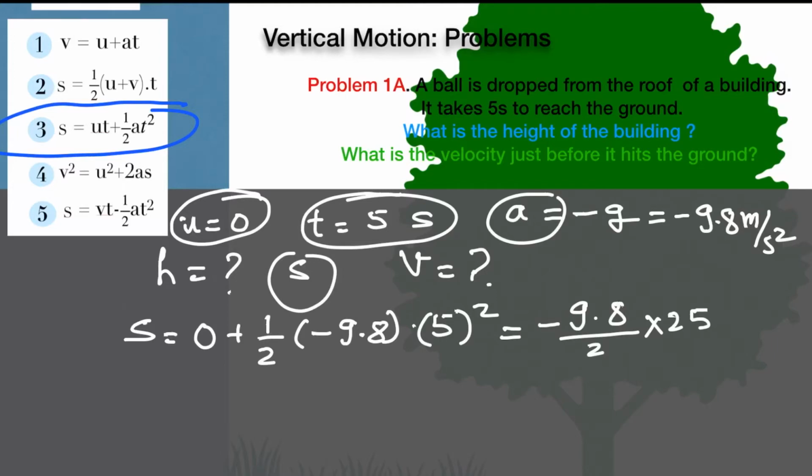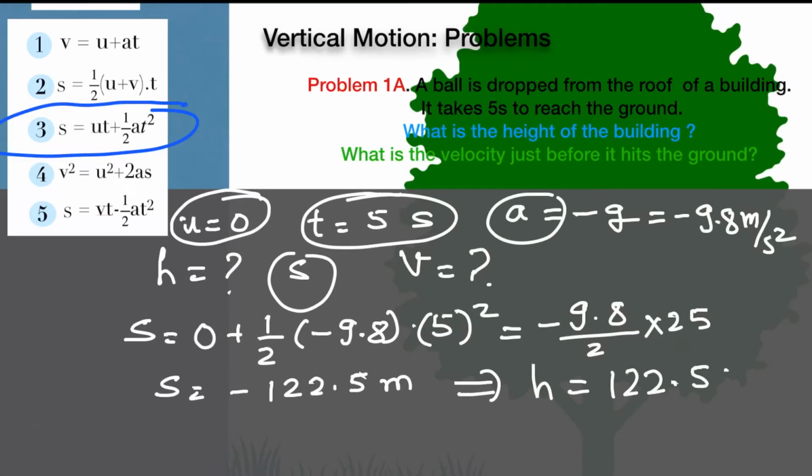If you solve this, then s becomes minus 122.5 meters. So the displacement of the ball is 122.5 meters in the negative, or downward, direction. And this is nothing but the height of the building. The height of the building is 122.5 meters.